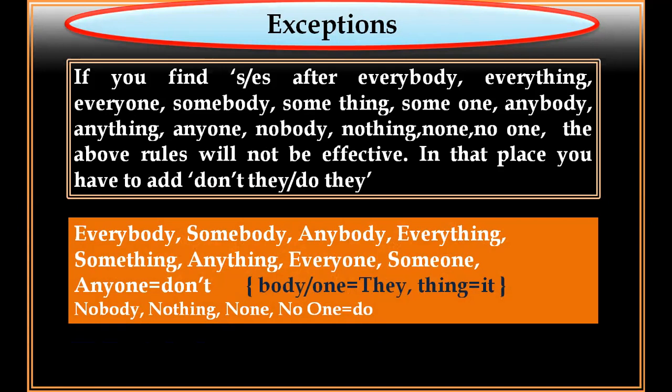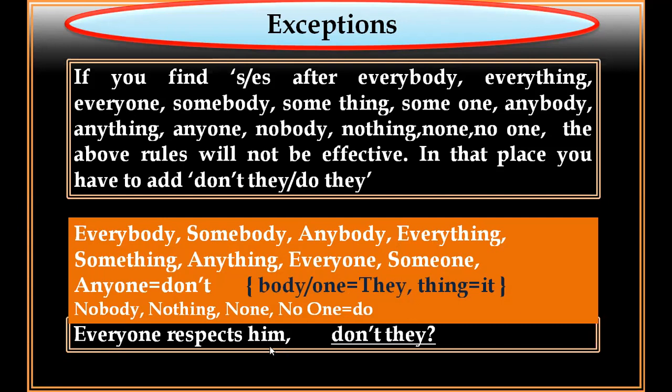For somebody, anybody, or everybody, you will write don't. These all are affirmative, that's why don't. When you see nobody, nothing, none, no one, then it will be do. Look, everyone respects him. Here, everyone is affirmative. That's why don't. For everyone, you'll write they.